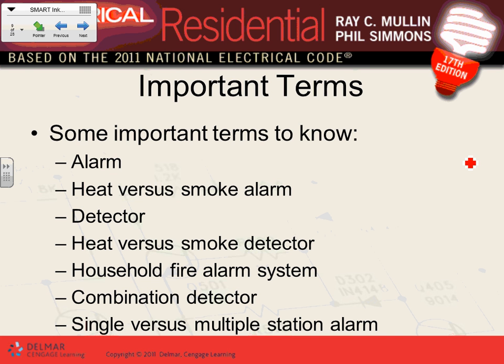We have the alarm to signal that there is a situation. We have a heat or a smoke alarm. We have the detector itself. So really the fire alarm system is made of mainly three things. You have the brain, the fire alarm controller. You have the inputs, the smoke detectors and heat detectors, and you have the output, the horns and strobes that tell you there is a fire, get out of here. So these are part of it.